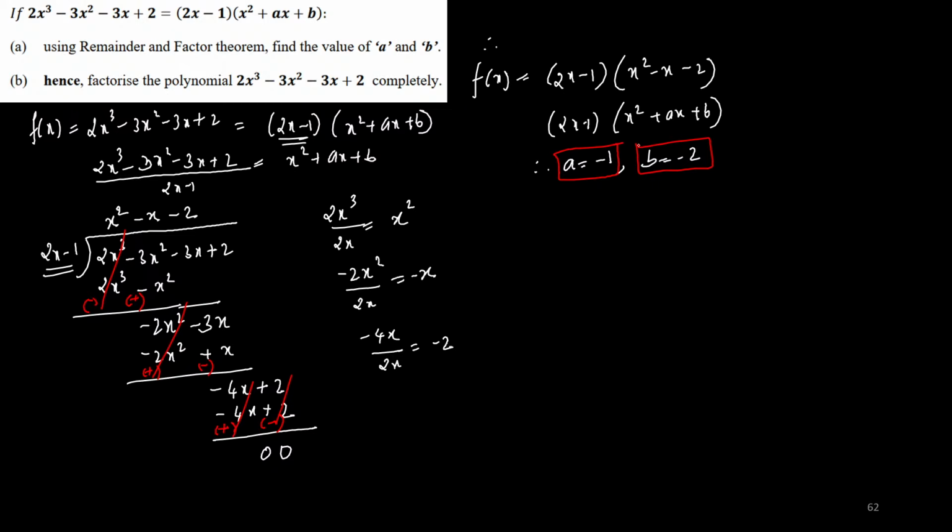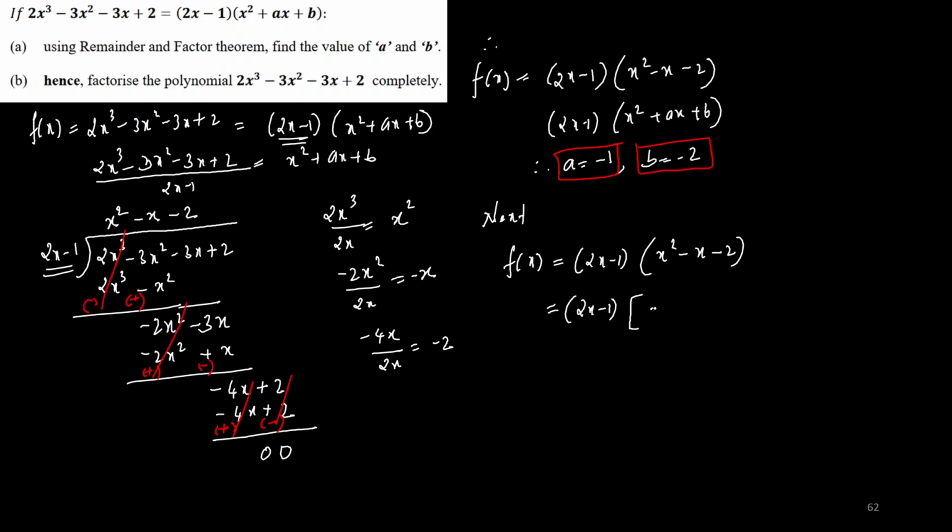Next, hence factorize the expression 2x cube minus 3x square minus 3x plus 2 completely. So already I have got the factors, children. Next, I can write f of x is equal to: I already know this is one factor and another factor is x square minus x minus 2. So I can write 2x minus 1 as one factor.